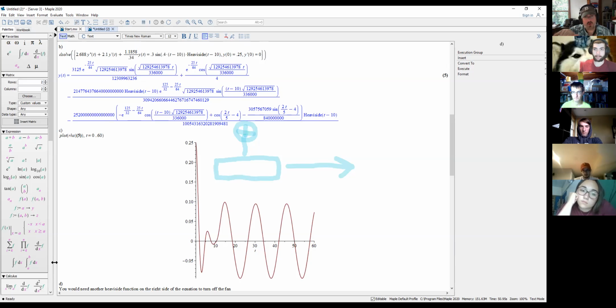You know, if you ignore the Heaviside part of it for right now, at t equals 0, 3 times sine of 4t, or 0.4 times 0, is how much? This part right there.